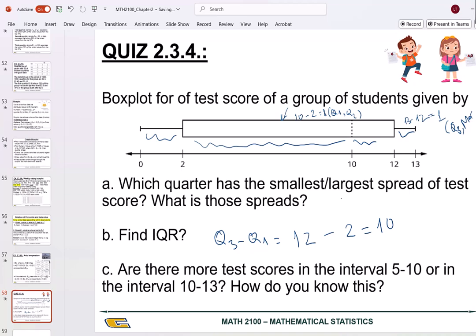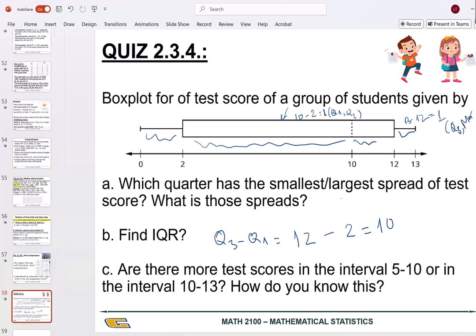The last question is, are there more test scores in the interval from 5 to 10 or in the interval from 10 to 30? How do you know this? Think about it: 5 to 10 or 10 to 30.